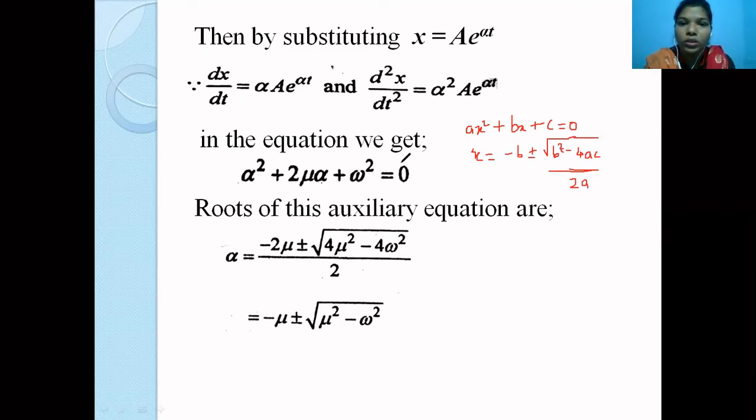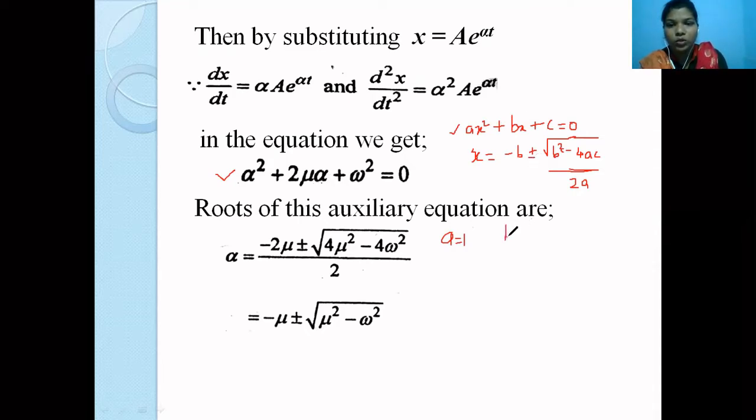So what I'm going to do is I'm just going to equate this equation with the equation that we have derived. So if I compare, this alpha square is what we call x square in this condition. Okay, so my x square here is my alpha square. So for me, a is equal to 1. If I equate both the equations, that is what we are going to get. This alpha is equal to x.